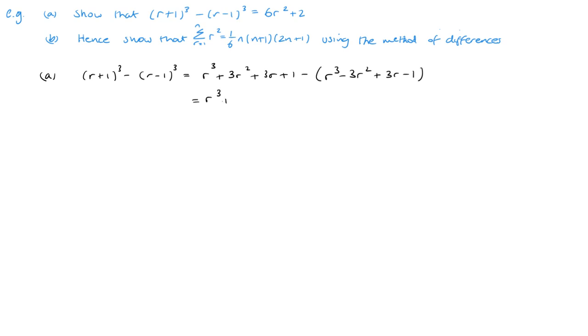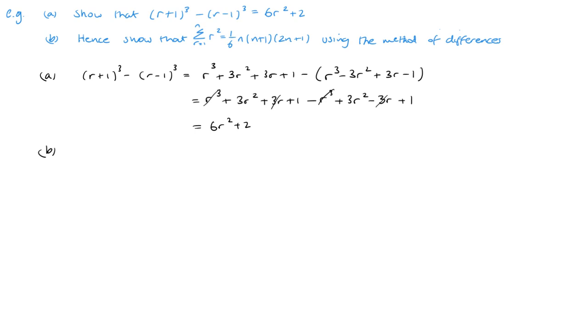So we've got r cubed plus 3r squared plus 3r plus 1, minus r cubed minus 3r squared plus 3r minus 1. So the r cubes cancel, the 3r's cancel, and this leaves me with 6r squared plus 2, which is what we were requiring. So that's the first part, and that is not the method of differences.